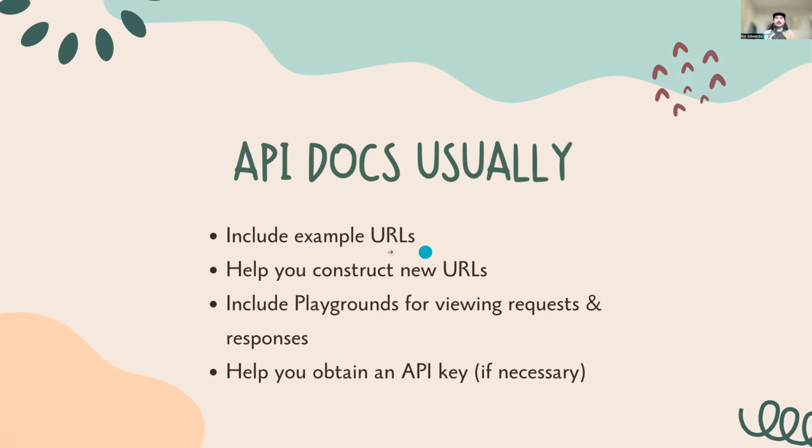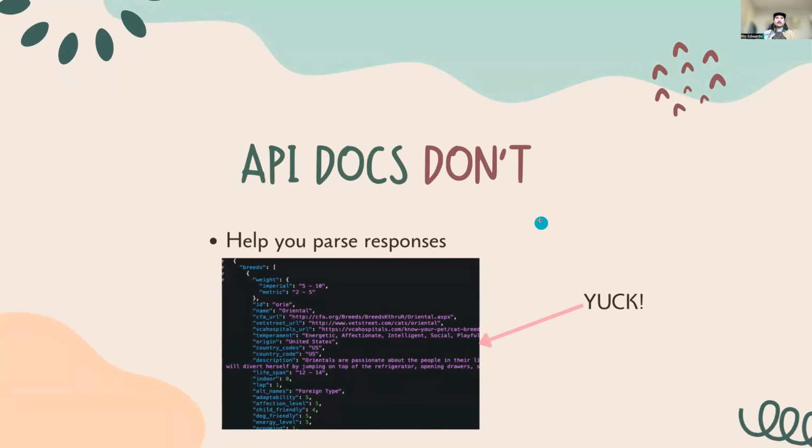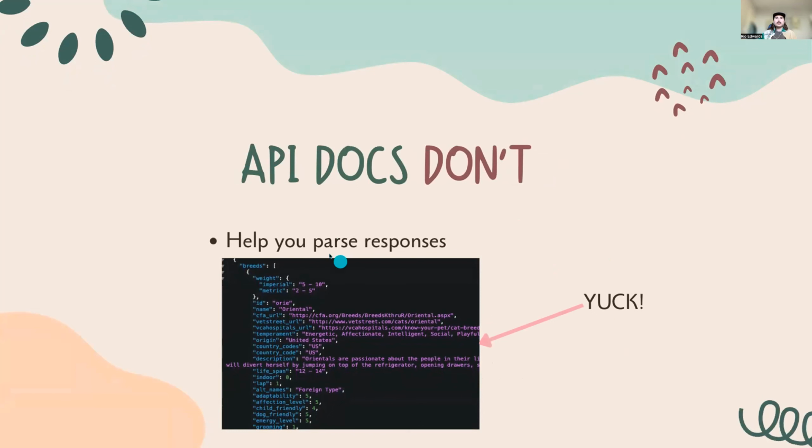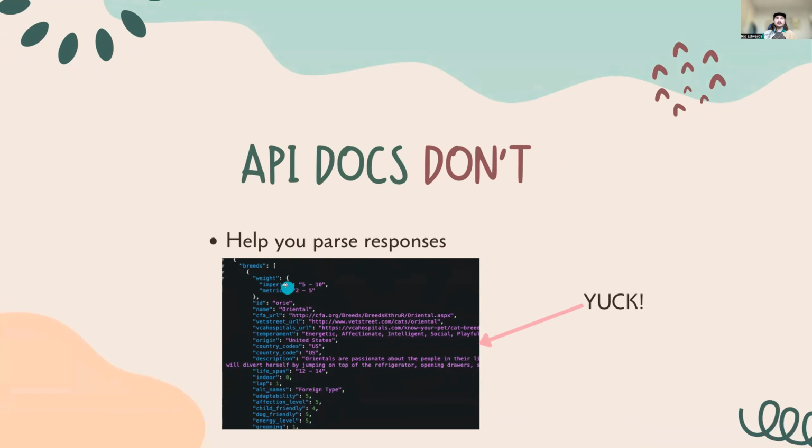So they usually give you some guidance on how to get the URL working and stuff like that. What they generally don't do is tell you how to parse the response that you get back. So this is an example of a response that I got back from the cat API, and it's just a bunch of stuff. It's messy. But we have data, it's information that's interesting. Like we have the name of this breed of cat, Oriental.